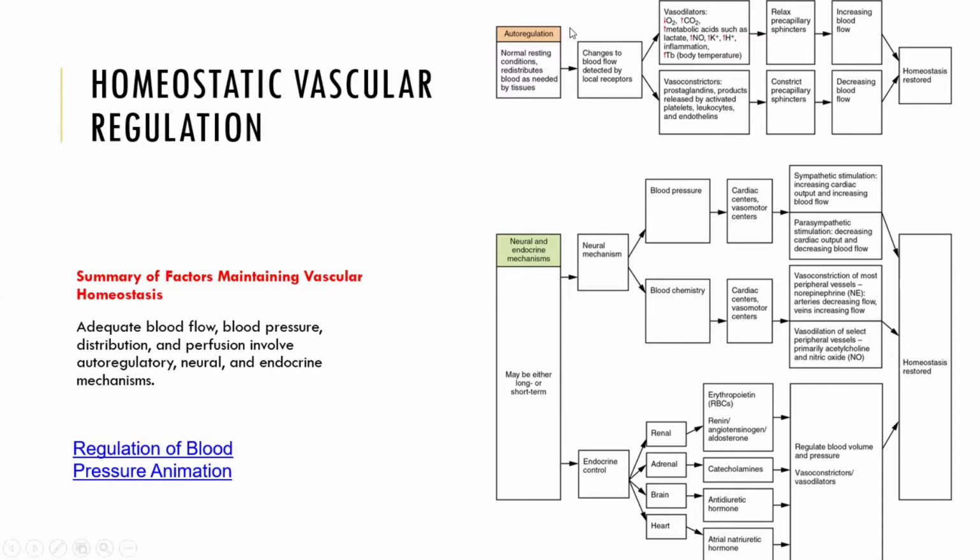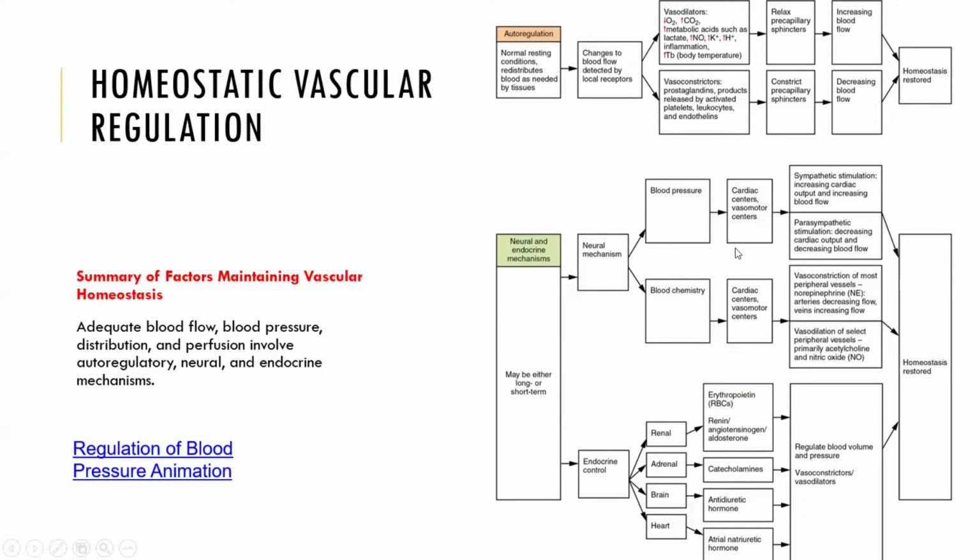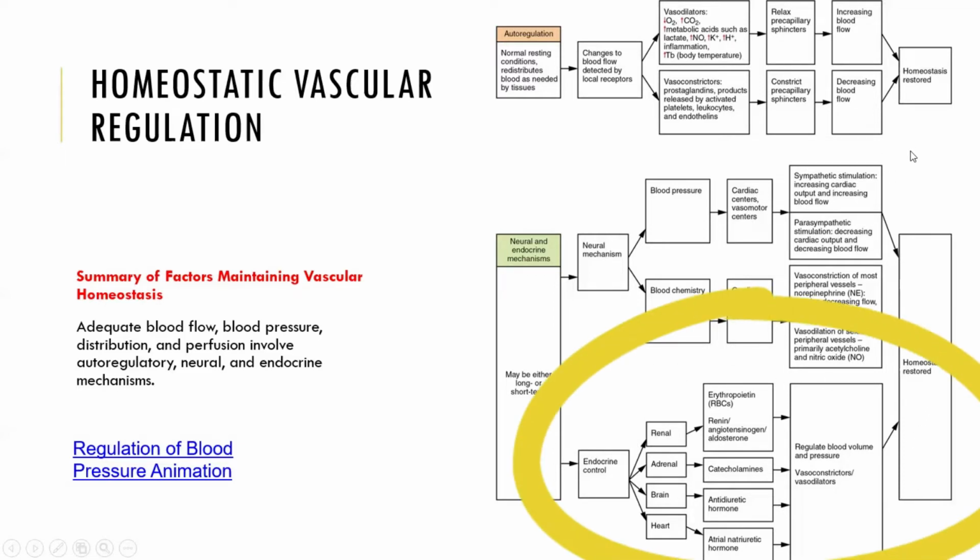For your reference, what we were discussing there is this part of the chart, and also part of the top here, the neural mechanisms that all lead us back to homeostasis being restored. Now we're going to talk about the bottom part of the chart, the portion that focuses on endocrine control, which again will lead us back to homeostatic restoration.